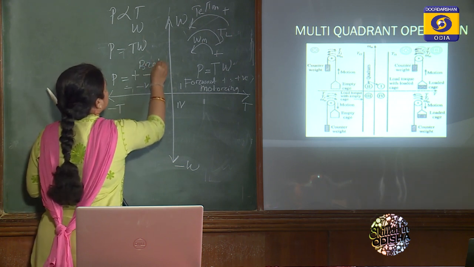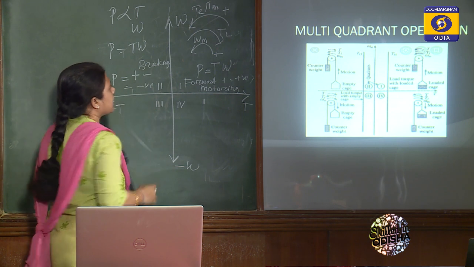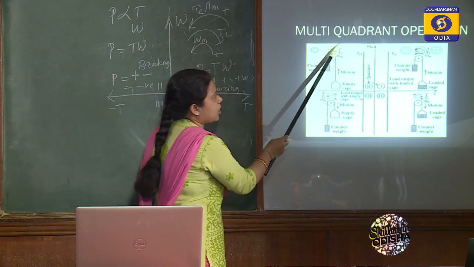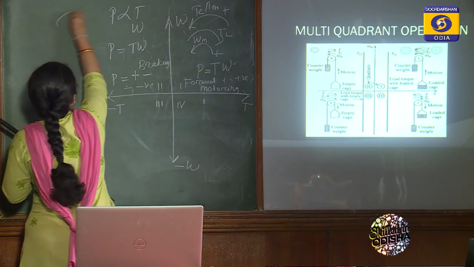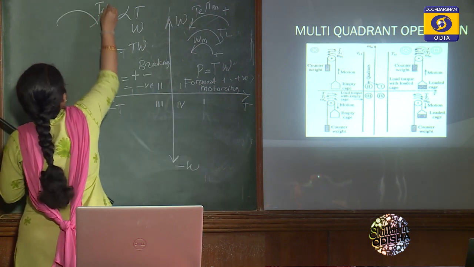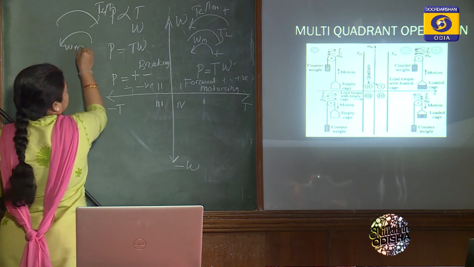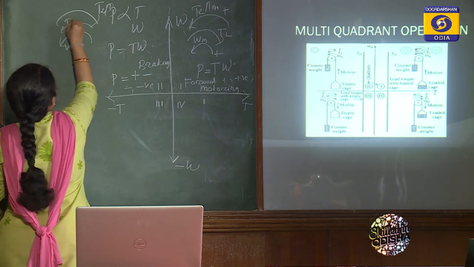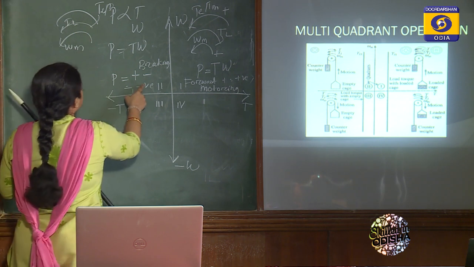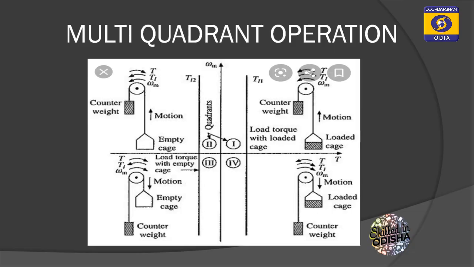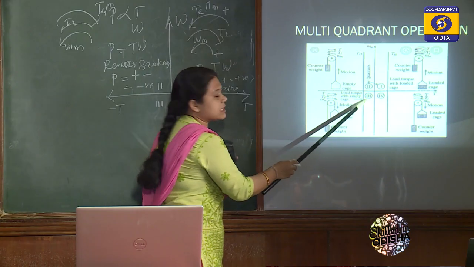And here omega m is moving in this direction and TL is moving in this direction. So this one is known as our reverse braking mode.